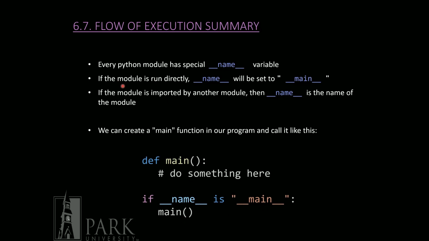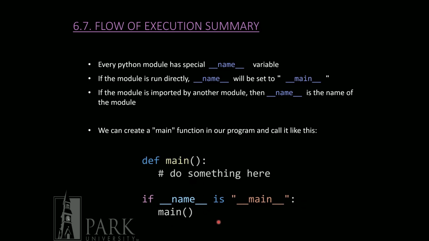So remember that if the module is run directly, the name will be set to main. So if we are running a particular module, then it will automatically set its name to main, and therefore this condition will be true, and we will execute the main function.